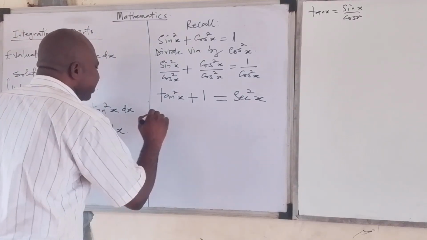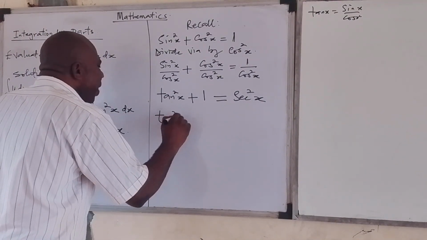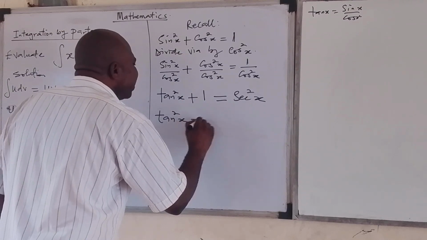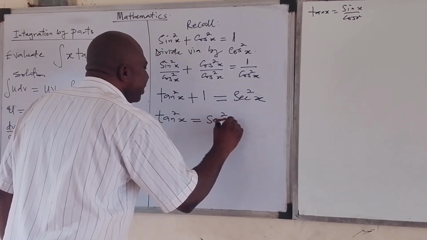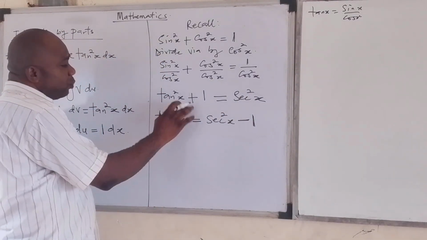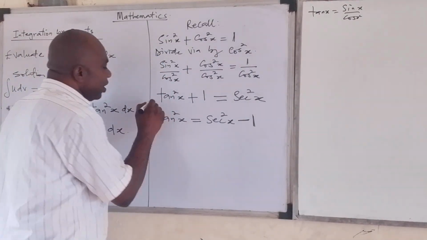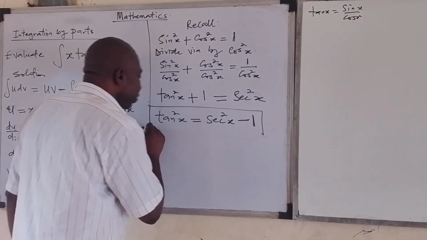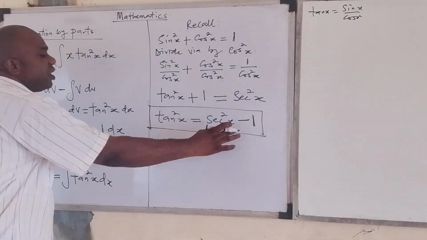So tan squared x is the same thing as sec squared x minus 1. Yes, when you take the plus 1 to the other side, it gives this. Let's take note of this: tan squared x is sec squared x minus 1.